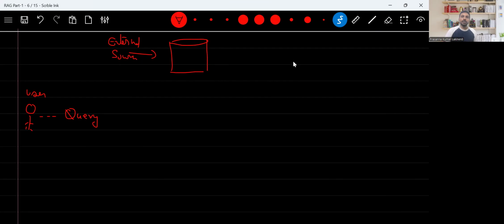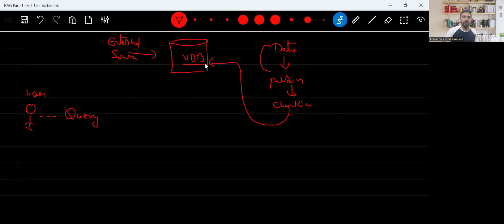So what are the external sources? We are storing your data. You take the data, parse the data, and chunk it. That means keeping the data into pieces, and you store those chunks in the data store called a vector database. I will explain what a vector database is in the upcoming videos.